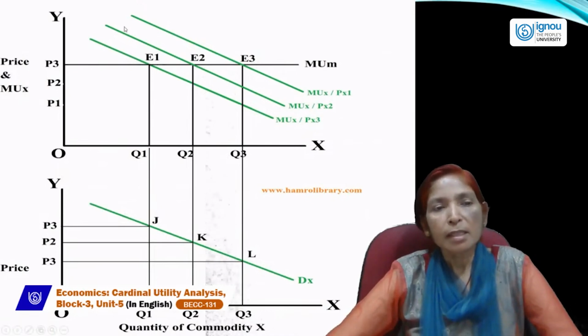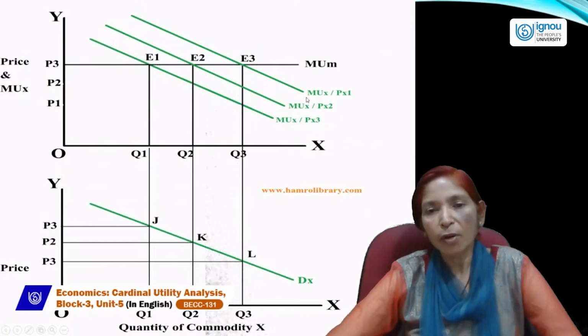And here the satisfaction which we derive from the consumption of commodity X is MUx upon Px. This is MUx upon Px1, MUx upon Px2, MUx upon Px3. These are three different utility curves, or we can explain these curves with other names like MUx, MUy, MUz.